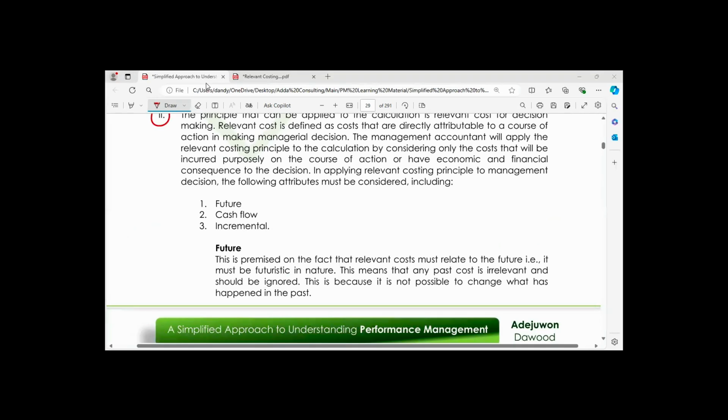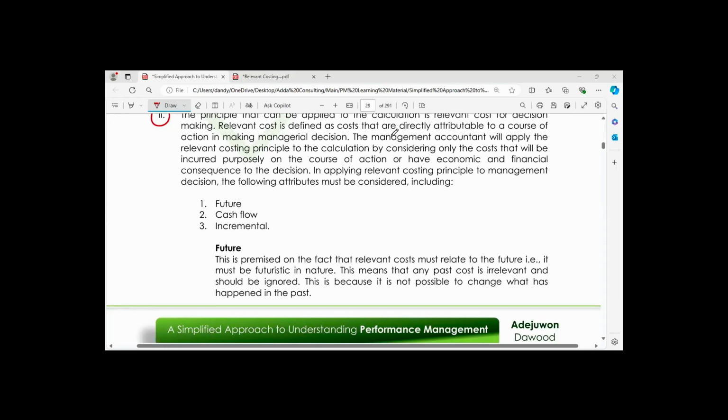Is marginal technique the only technique? Yes, because you remember what I told you when I was taking you through operating statements. I said specifically that marginal costing technique is a technique designed principally to aid managerial decision. So whenever you are talking about decision making, you need the knowledge of marginal costing.